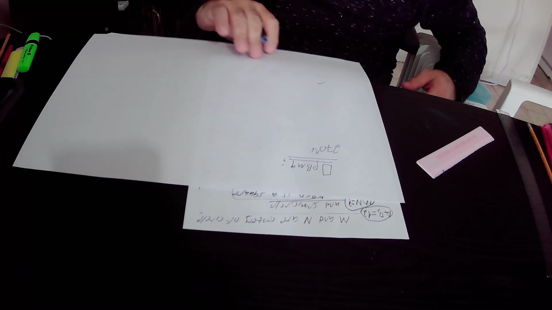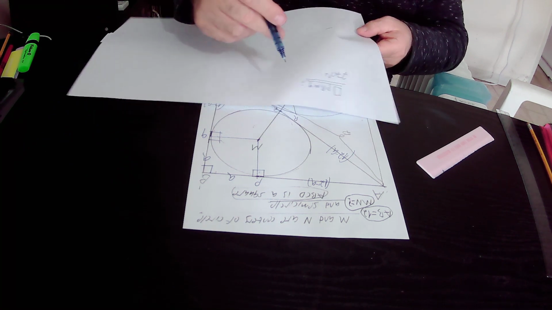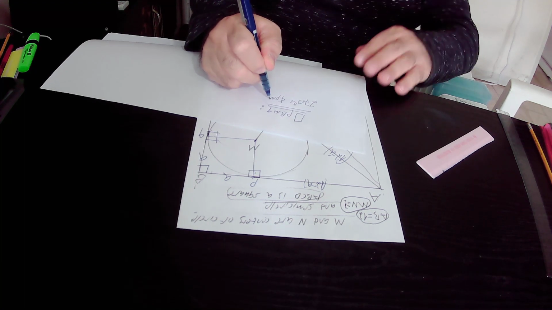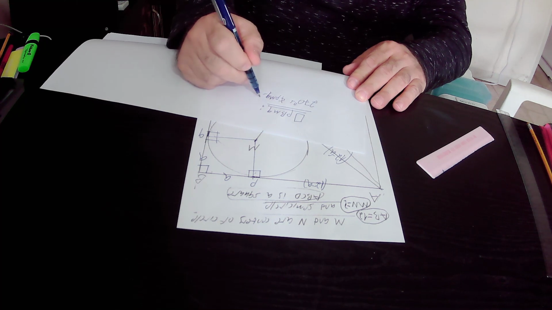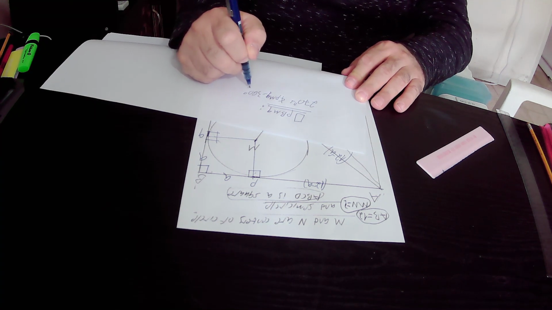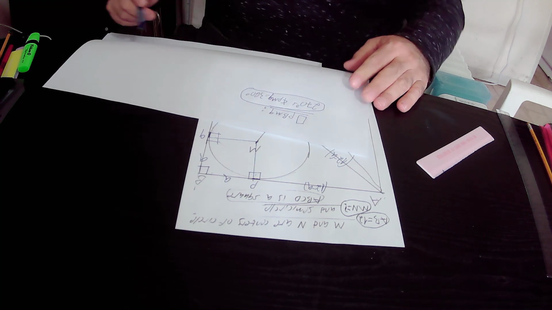Plus the size of the fourth angle, that is actually angle PMQ, this angle. In total, the sum of those 4 angles must be equal to 360 degrees, according to the rule that the sum of the angles in any quadrilateral is equal to 360 degrees.